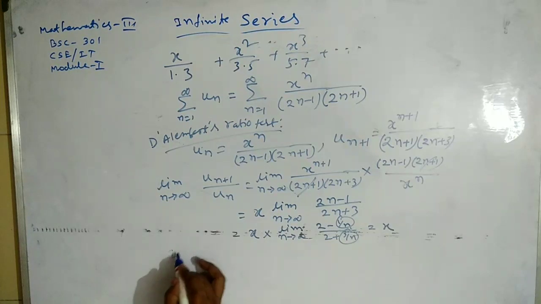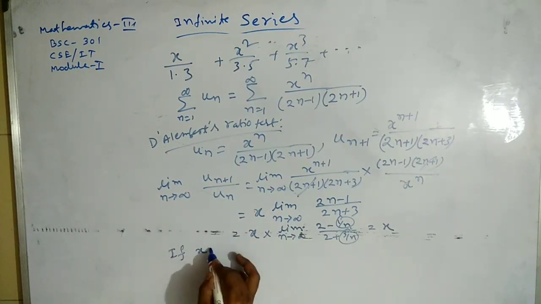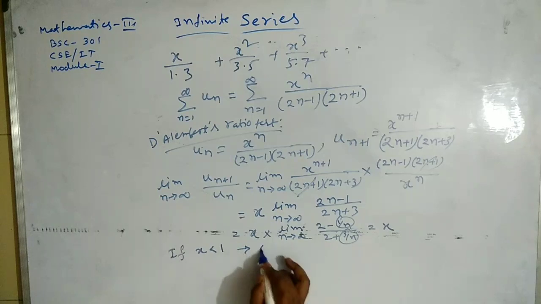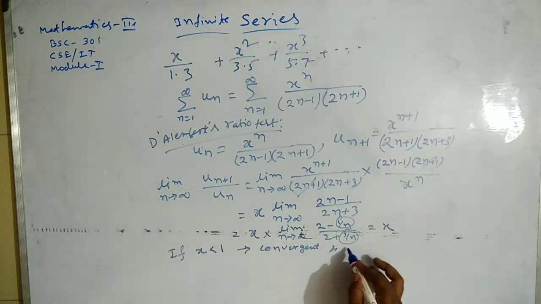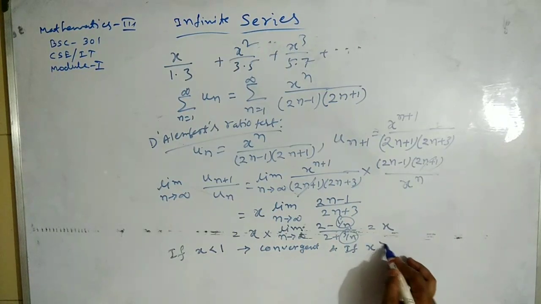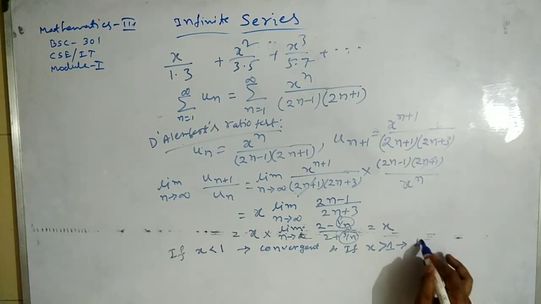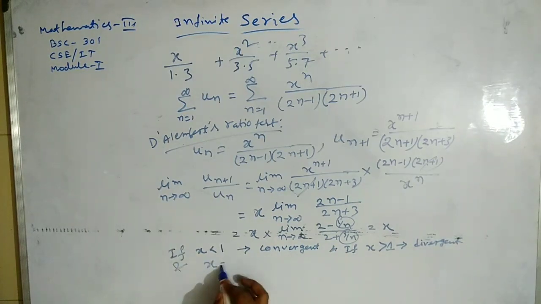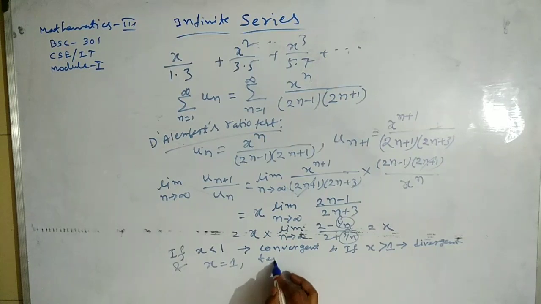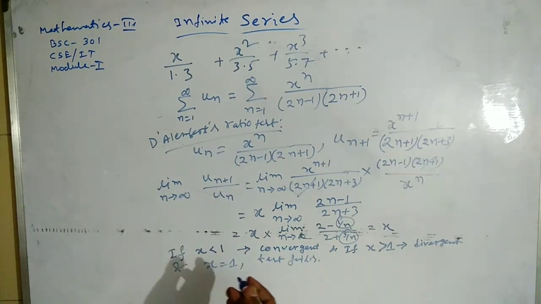That is, if x is less than 1, then convergent, and if x is greater than 1, then divergent, and if x equal to 1, then the test fails. So what will happen if x equal to 1? To check that, we have to apply another test.